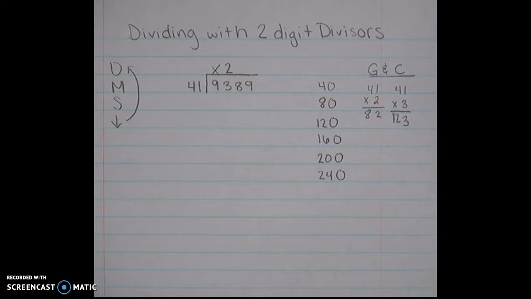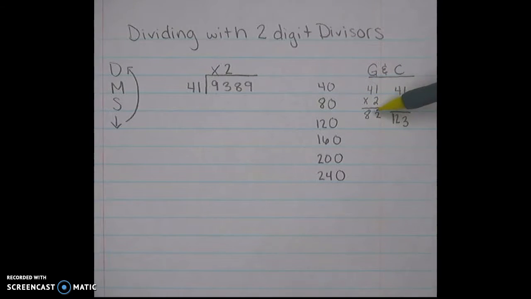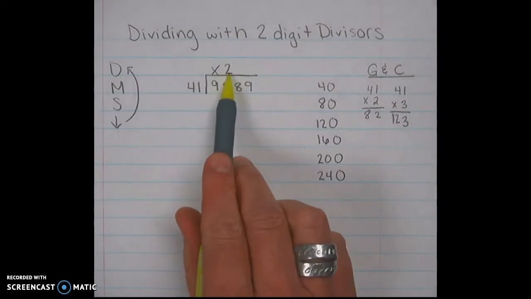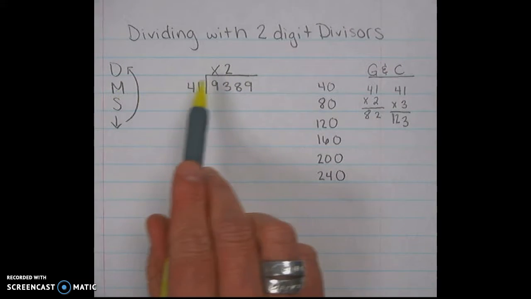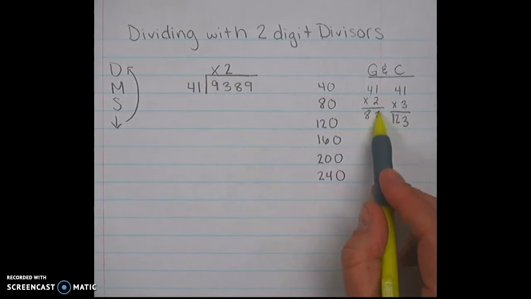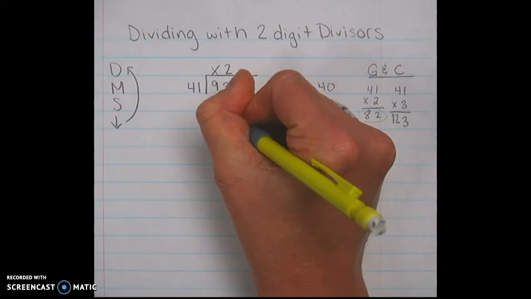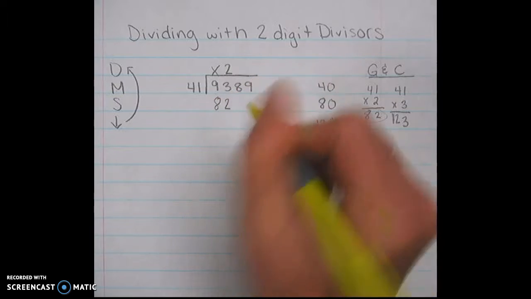The best part about this is that because I have already done the math here in the guess and check, I already know the multiplication. When I get to the multiplication part, I know that 2 times 41 was 82. So I can go ahead and write that down right away.